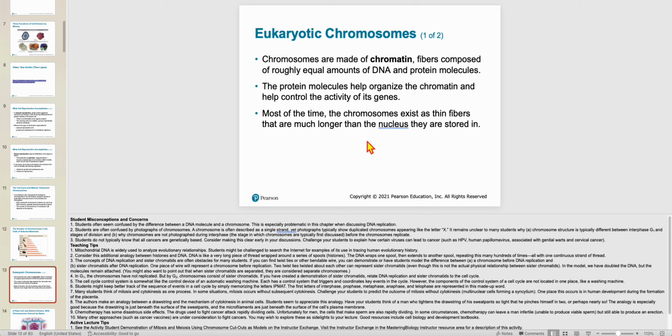When the cell is ready to divide, or during cell division, chromatin turns into chromosome. And only during that cell division time period do you actually see chromosomes. Once the cell division is over, the chromosomes will unravel, like that loose spaghetti story I keep saying, back to chromatin. Okay, next slide.